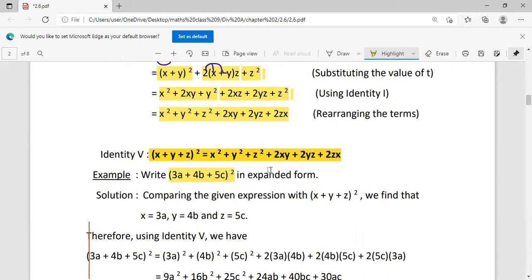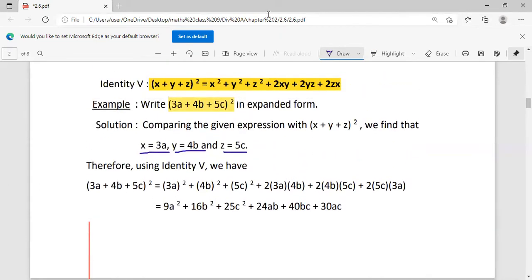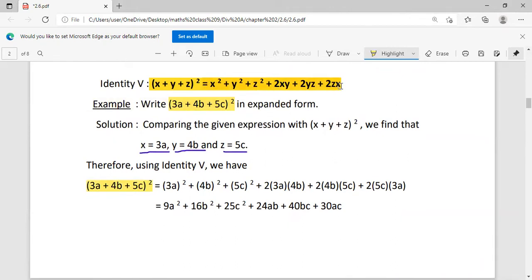Like we have done in the previous class, we are substituting: instead of 3a, we are writing x, and y is equal to 4b and z is equal to 5c. Then we have 3a plus 4b plus 5c squared, and we start using this identity.